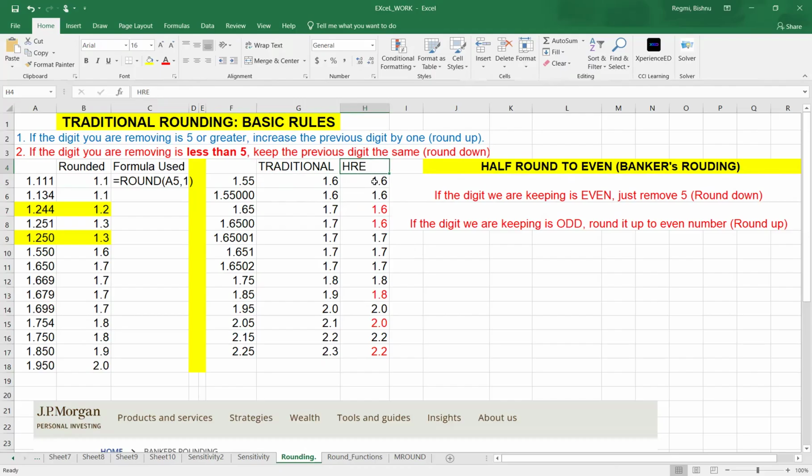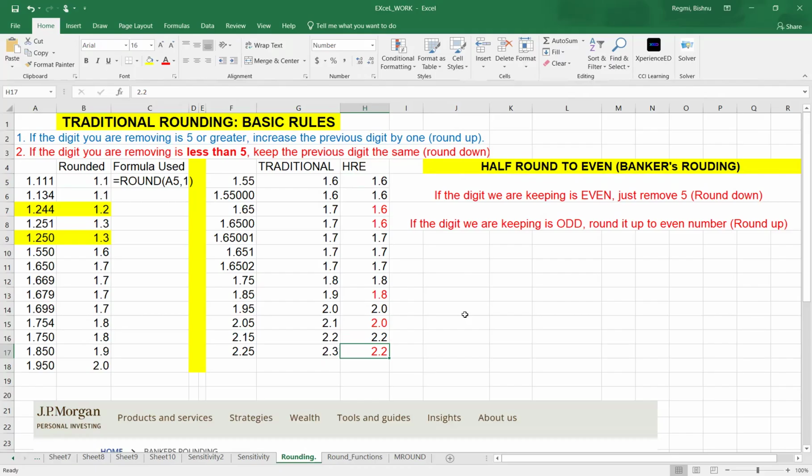So if we see these values here in half round to even method, some values are rounded up, some values are rounded down. In this way, we minimize the systematic bias in scientific data or in financial data.